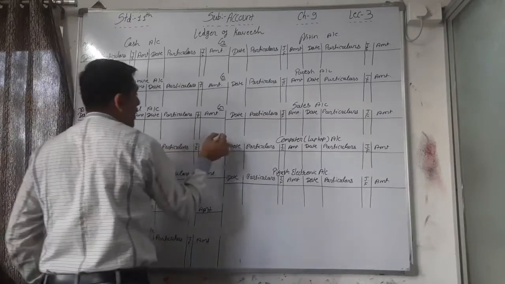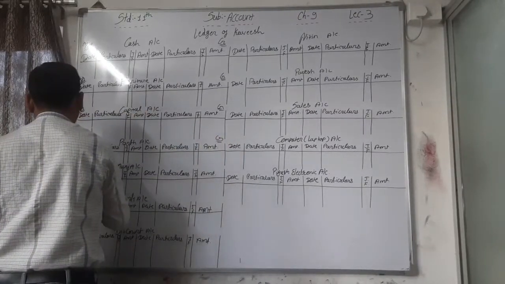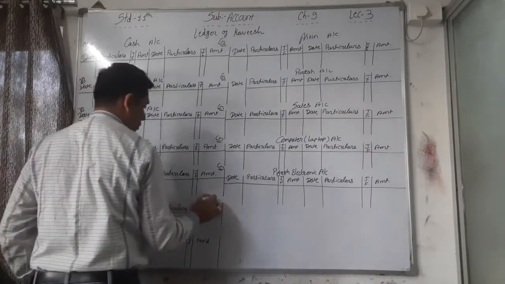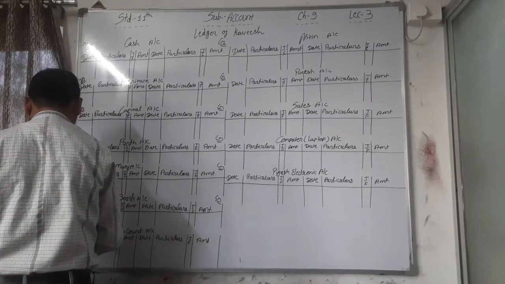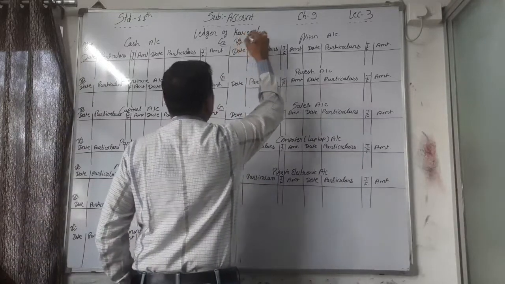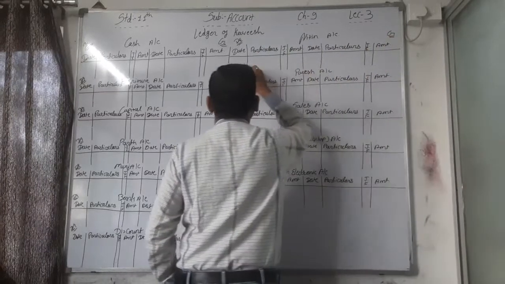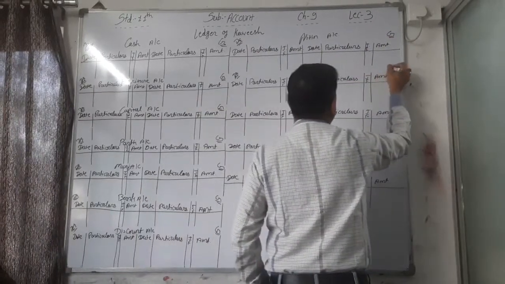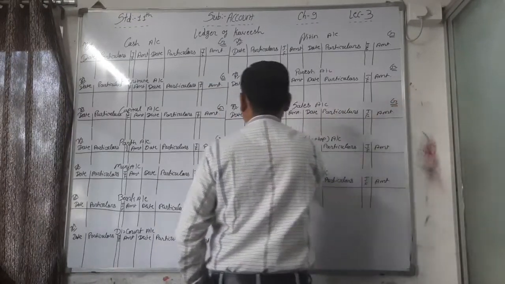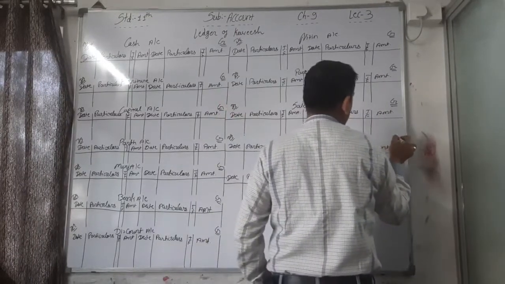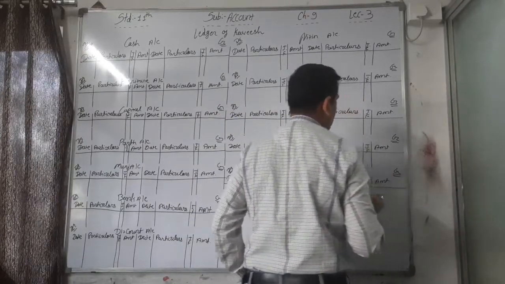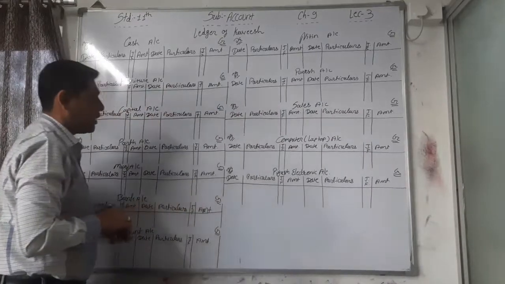DR and CR, you have to write down in each and every account. Debit and credit, DR and CR in each and every account.